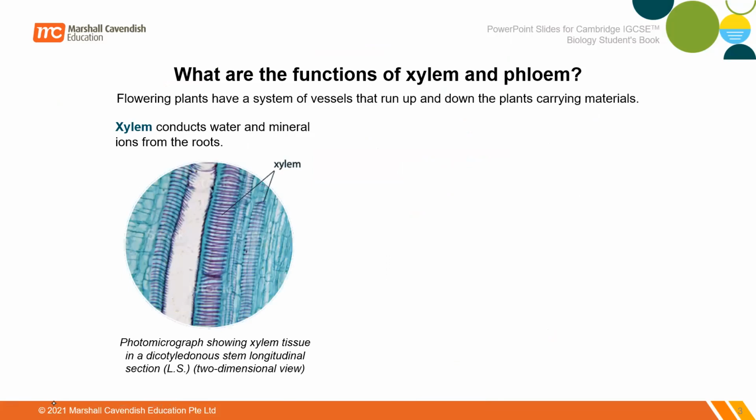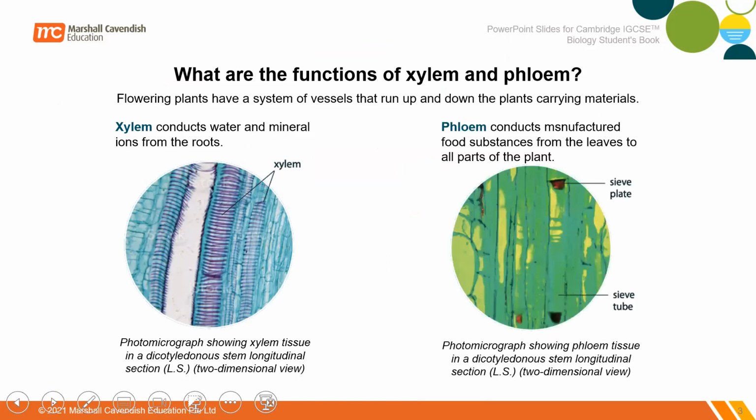The function of xylem and phloem is to transport all of the materials inside the plant. So xylem conducts or transports water and mineral ions. And it is very important to know that the plant absorbs water and minerals by root hair cells, but xylem transports.